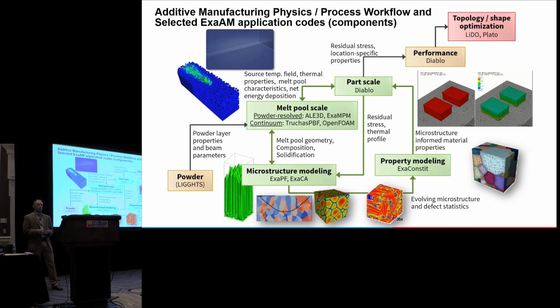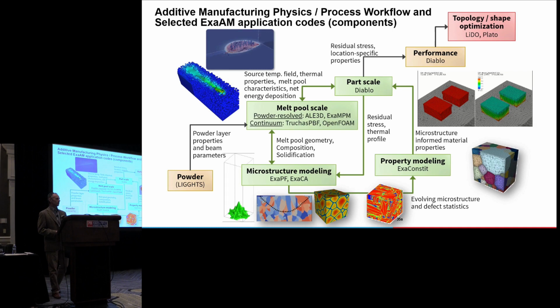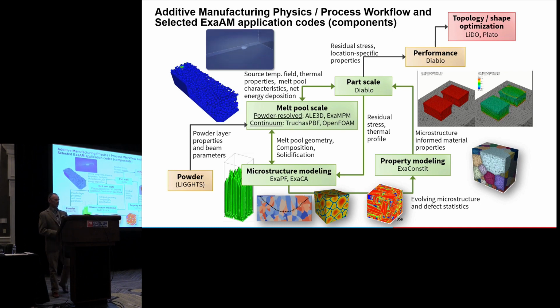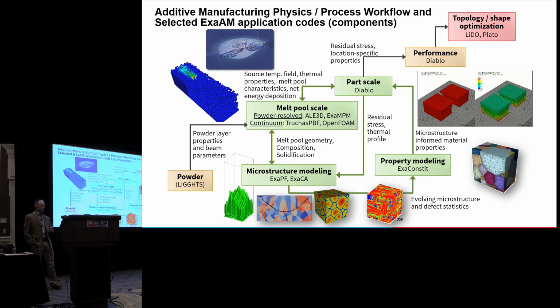But the point is that there's no code that exists that can do all of the physics we need in one environment. So we're linking these things together to build more of an environment that can go after this problem. From the exascale standpoint, most of the computationally intensive parts of this problem are at the microstructure and the property level.